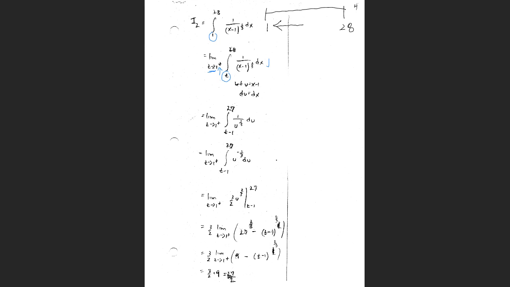The process is the same as the first integral. We let u equal x minus 1, du equals dx, and then you get your new limits. So 28 minus 1 equals 27. Let me know if you have any questions down to this step. I'll slow down a little bit so you can catch up.